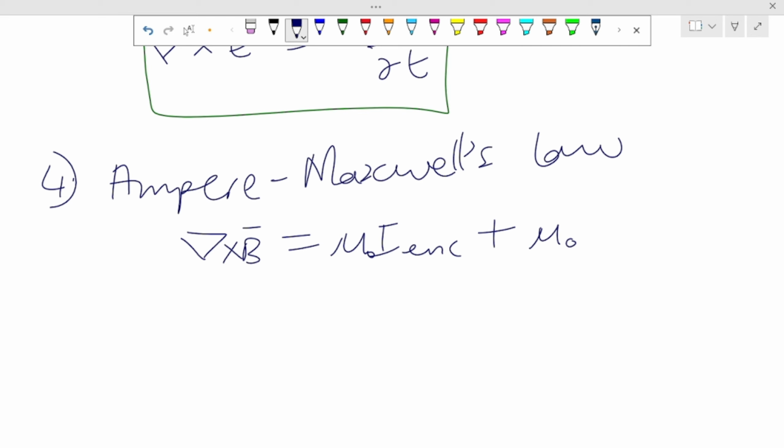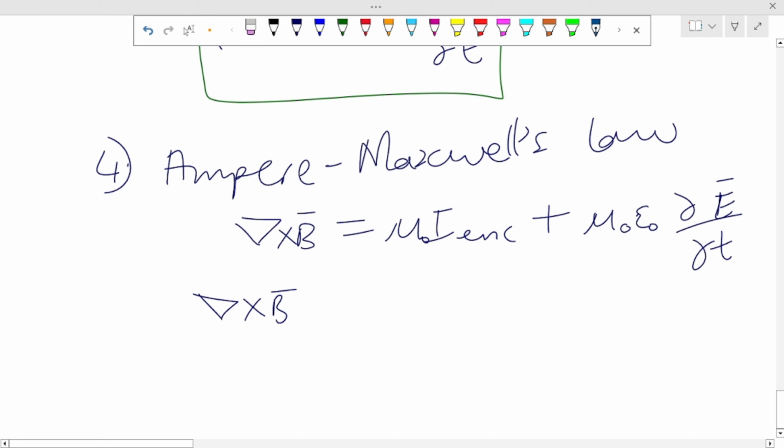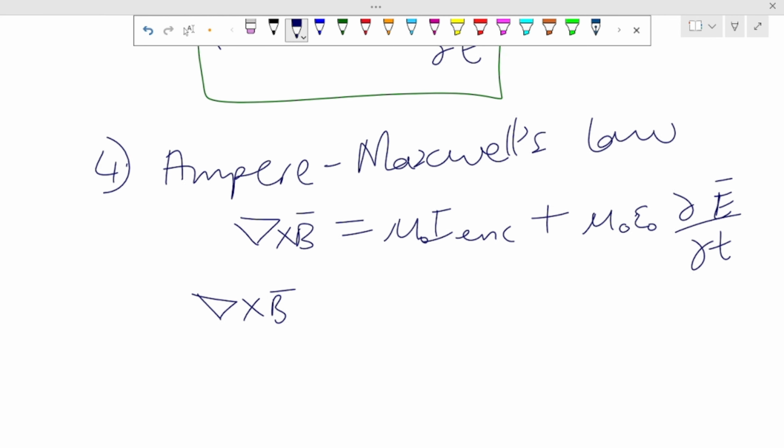And then we have mu naught, epsilon naught, which is permittivity, and then we have this, partial E, partial t.